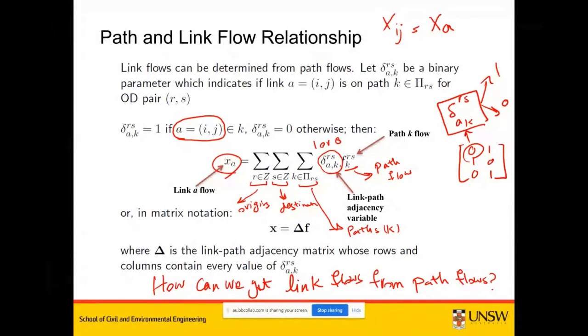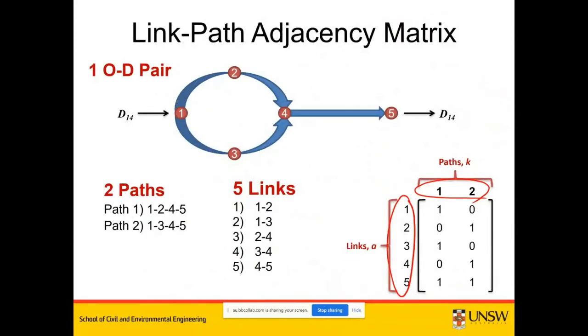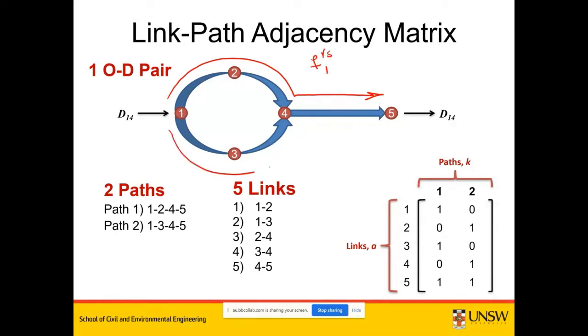Again, let me make it a little bit more clear by going back to that example here. Let me make a very simple example. So this is FRS1, and this is FRS2, right?